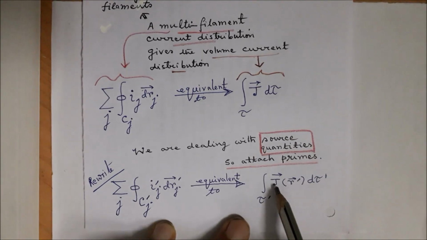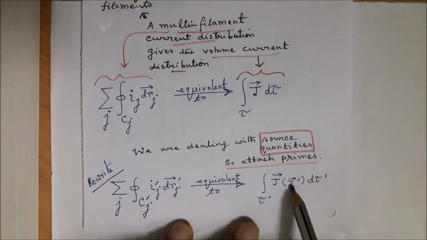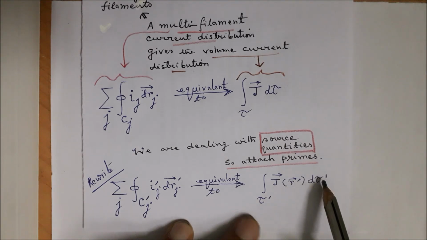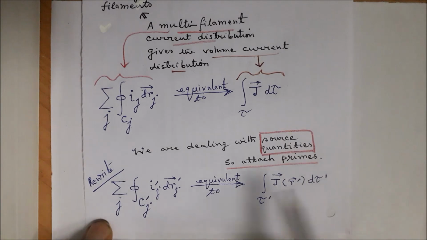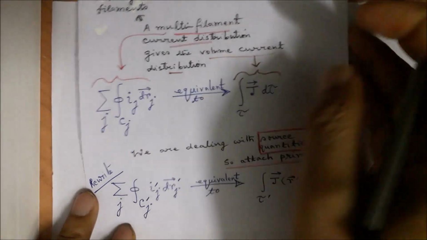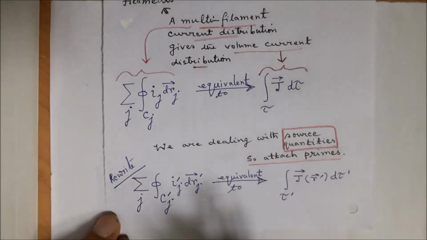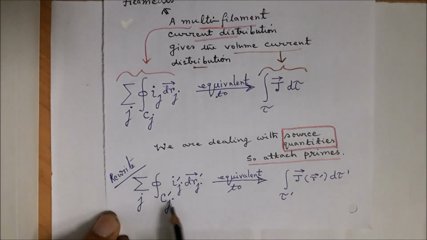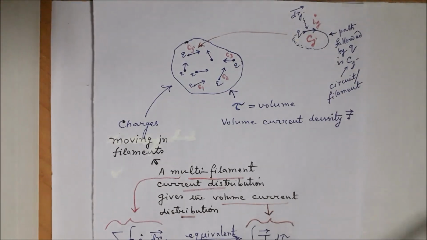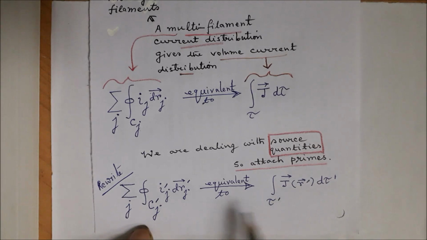Here the volume current density is a function of source coordinate, and d tau prime is the source volume element, while ij prime is the source current, drj prime is the source line element of the source circuit Cj prime, and we are performing a sum over all such j's, all such circuits. So the equality is explained and established.